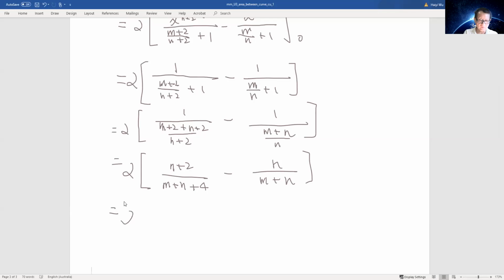So the area in terms of m and n is almost there. So let's do one more simplification. We're going to do a common denominator. So we'll make a bracket. All right, so the bottom number and then the top n, apologize.